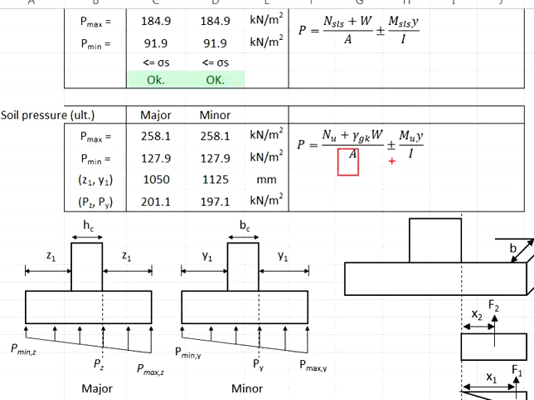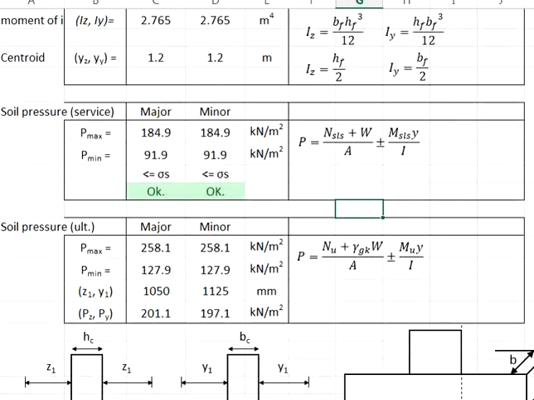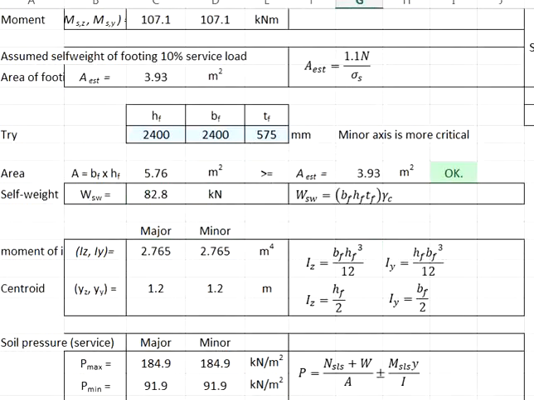And then the A, the Y, and the I are geometrical properties, which we have calculated earlier on while determining the surface soil pressure. The A is the contact surface area between the pad footing and the soil, which is calculated by multiplying 2.4 and 2.4, giving you 5.76 meters squared.